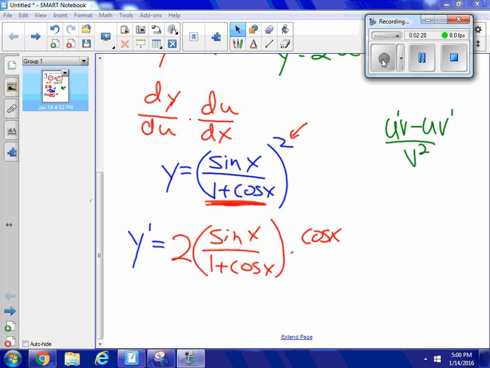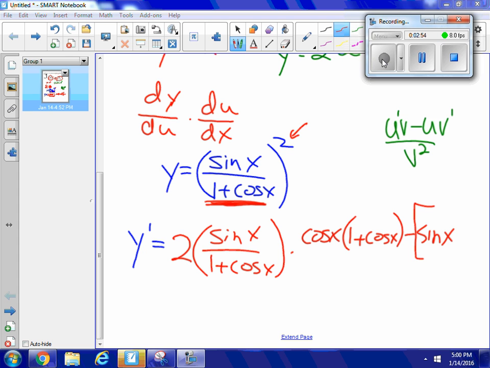I just move my little quotient rule up to the top a little bit. The derivative of sine x is cosine x, and I'm multiplying that times v, which is 1 plus cosine x. And I'm going to subtract from that u, which is sine x. I'm going to use brackets here so I don't lose my negative sign. Times the derivative of v.